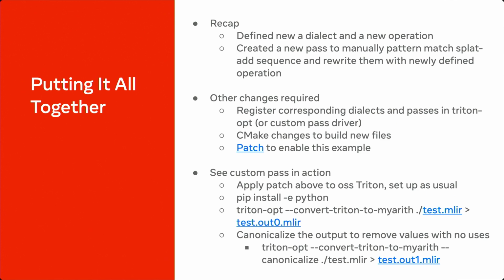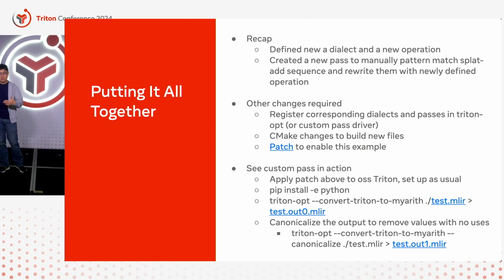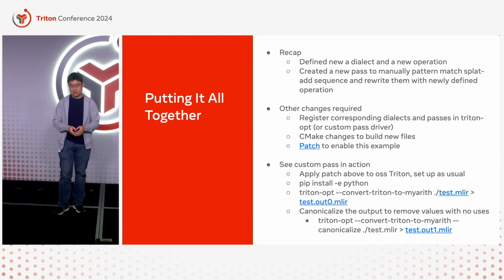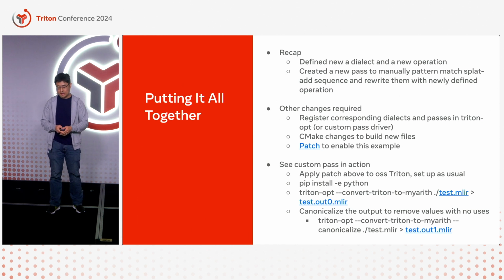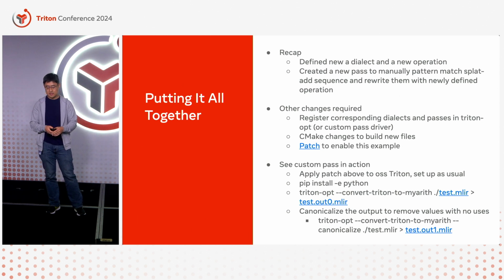To see the custom pass in action, in this specific setup, you can just walk through the normal Triton setup that Karen also mentioned earlier. And you can call the MLIR pass driver Triton opt. You specify the name of the pass that we're trying to invoke, provide an input file, and it will supply the output file. Apologies, I didn't realize that we can't click the links, so I'll just describe what the output file looks like.